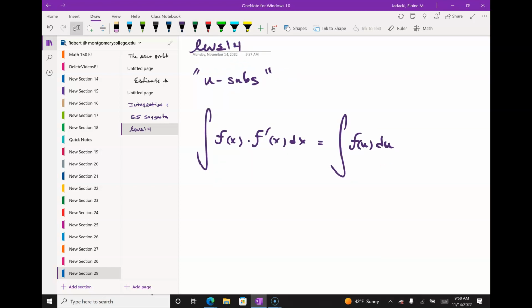So you're looking for a function and its derivative. And there should be nothing else, right? So we're going to let u be f of x. And we're going to differentiate both sides.